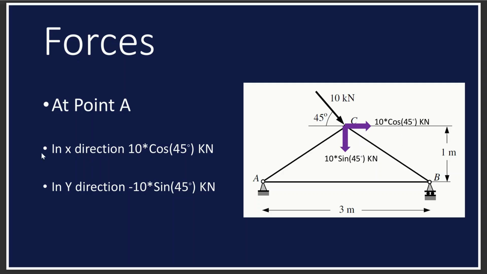The first one is along the x direction, that is 10 cos 45 degrees. Sorry, not degrees Celsius, that is degrees. 10 into cos 45 degrees kilonewtons, and in y direction it is minus 10 sin 45 kilonewtons. So let's calculate these forces first.